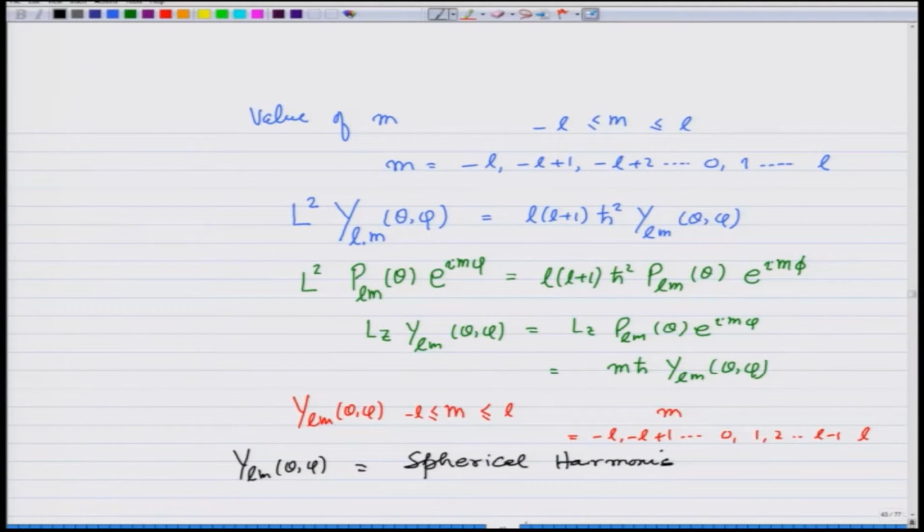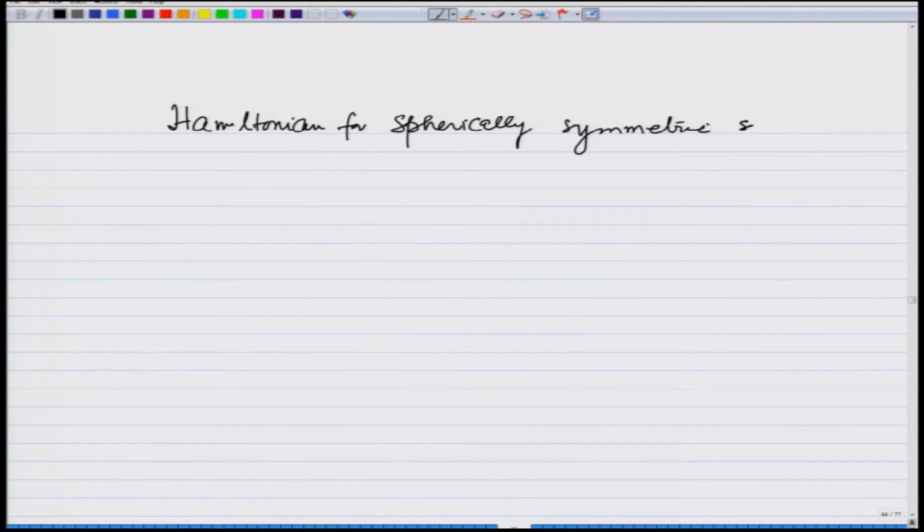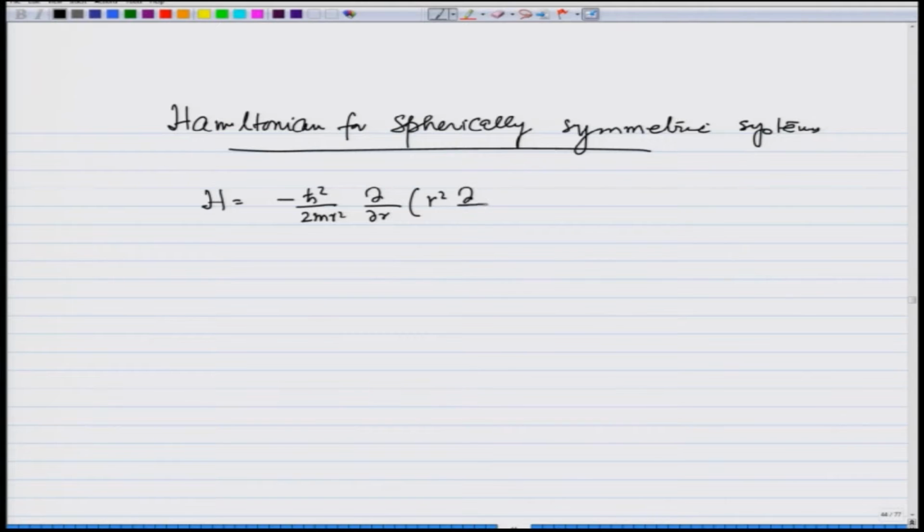And once you then go to the Hamiltonian for spherically symmetric systems, this can be written as H equals minus h cross square over 2 m r square, partial with respect to r, r square partial with respect to r, plus L square over 2 m r square plus V r.